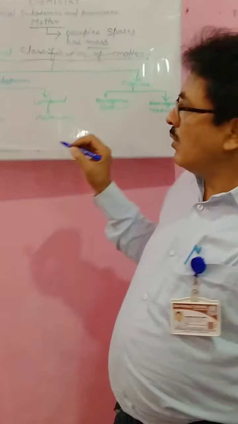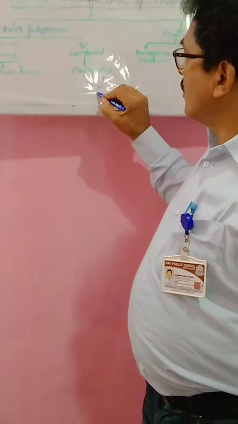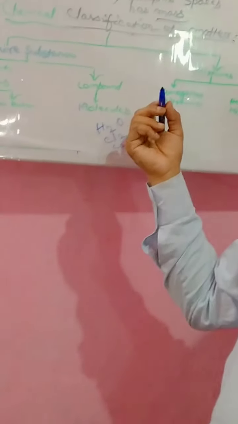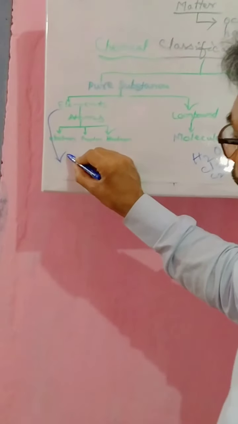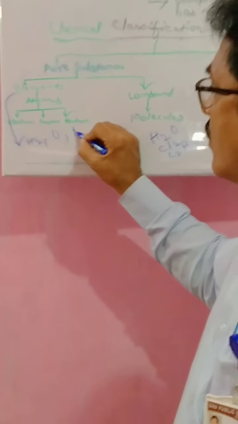Examples of molecules you can tell are S2O, Cl2, C2S2, like that. There are more than 50 lakh types of molecules present. And examples of elements you can see: hydrogen, oxygen, nitrogen.